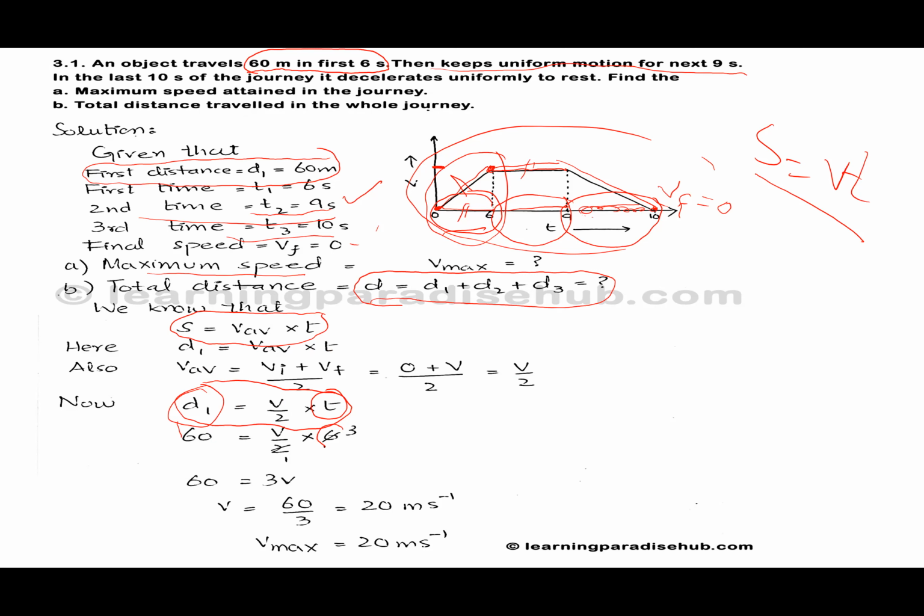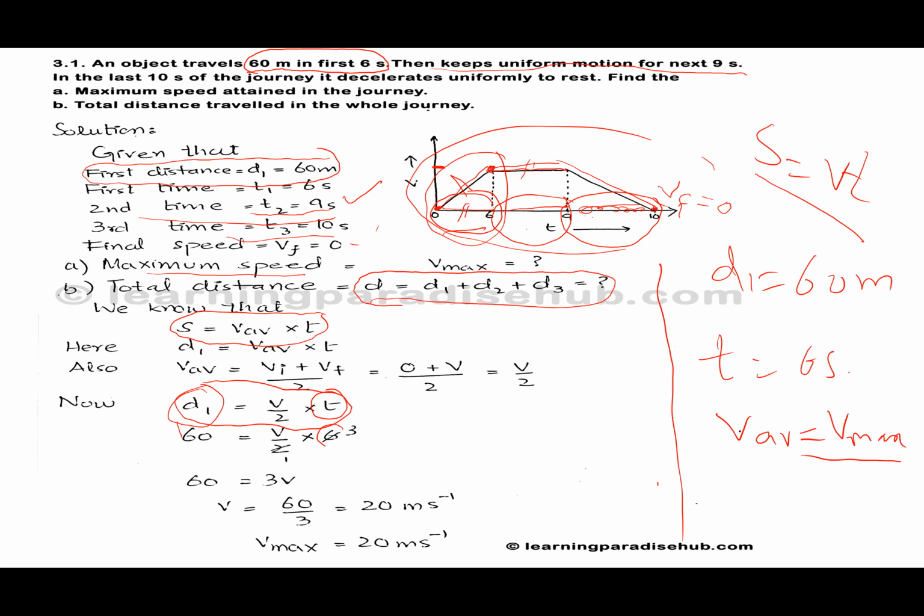So I will give you the summary. In the first case, d1 is given, which is 60 meters, and the time for this distance is 6 seconds. We have to find the velocity. V average is equal to V maximum divided by 2.